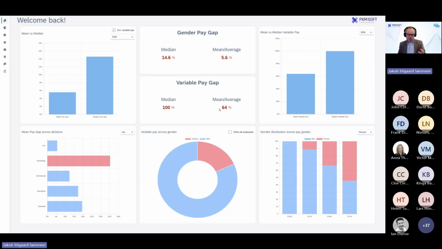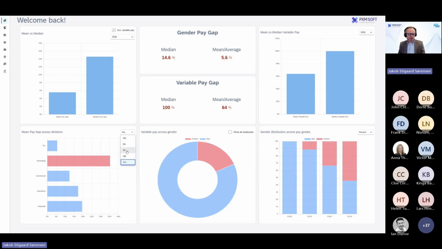This information is also shown in real numbers. But what we also do is we allow you to, based on the data, based on the structures that you have in your underlying systems, obviously, this will also translate into insights into the scenarios or the pay gap across the organization. So depending on the structures, you can navigate the data that you have.